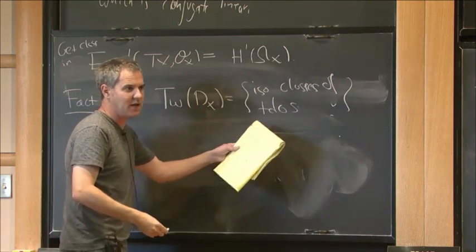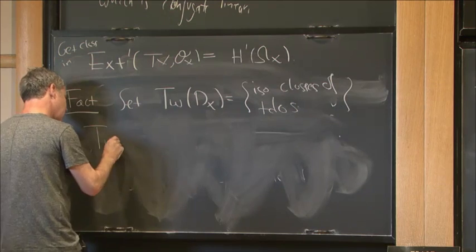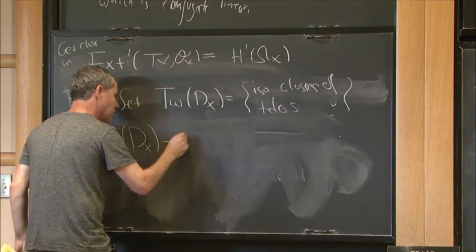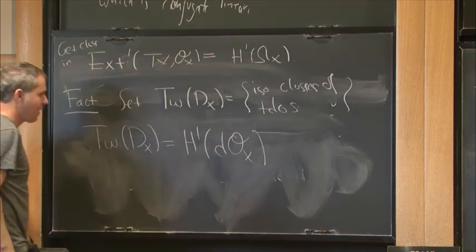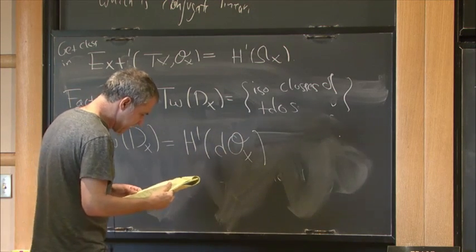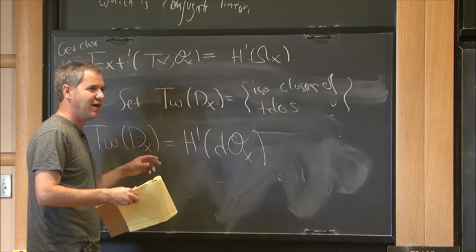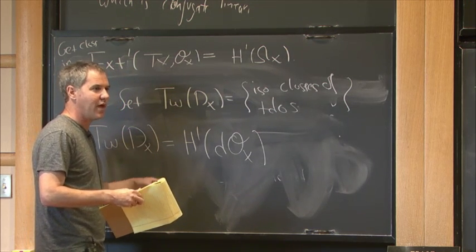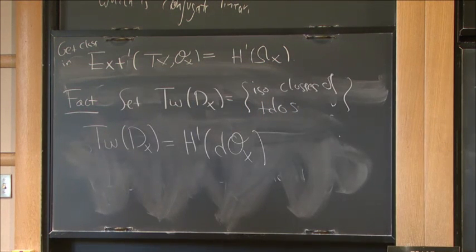Then this thing is equal to H^1 of Omega_X^{cl}. And it's not so hard to prove because locally you have an isomorphism of D_X with A, and everything is really determined by what goes on in the F_1 of A.